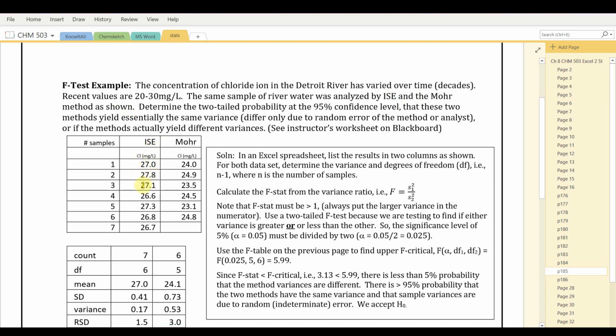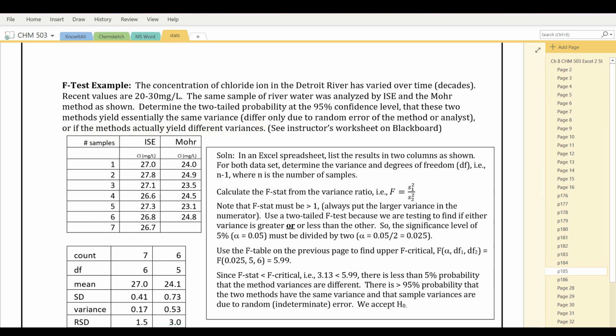Here's the data for the ISE, 7 samples. Here's the data for the Moore method, 6 samples. Determine the two-tailed probability at the 95% confidence level that these two methods yield essentially the same variance. That is, they differ only due to random error of the method or analyst, or if the methods actually yield different variances.